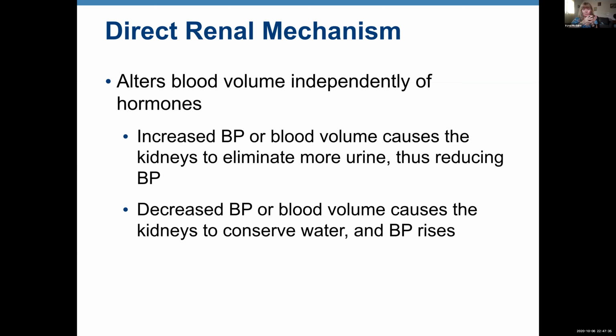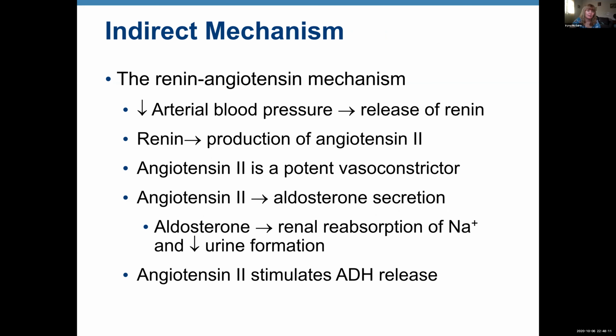Low blood pressure, you keep this volume so you don't eliminate so much fluid from your body, so you don't pee. That's what it says. When blood pressure goes up, you eliminate more urine. Blood pressure goes down, you retain water, and then you increase your volume of blood. You increase cardiac output. Okay, so that's the direct renal mechanism.